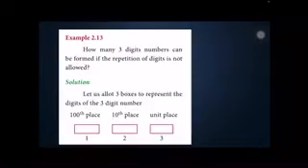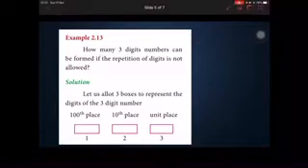Now, how many 3-digit numbers can be formed if the repetition of digits is not allowed? Okay, so we have to form 3-digit numbers. So a 3-digit number means how will it be? Units place, tens, hundreds. In these 3 places you have to arrange some numbers.